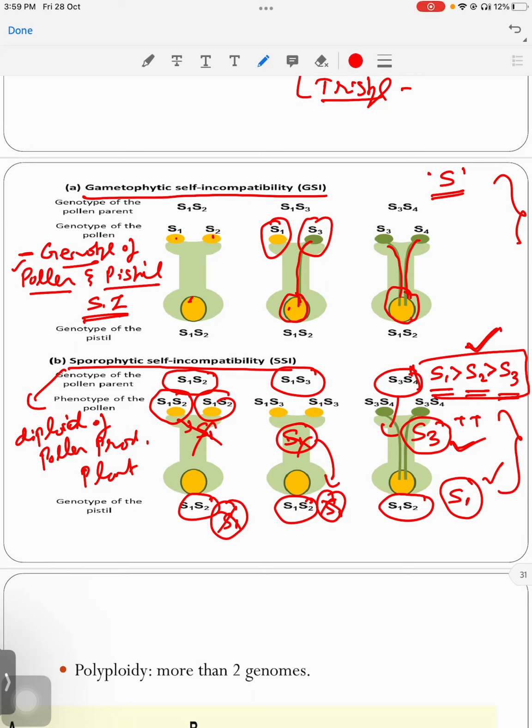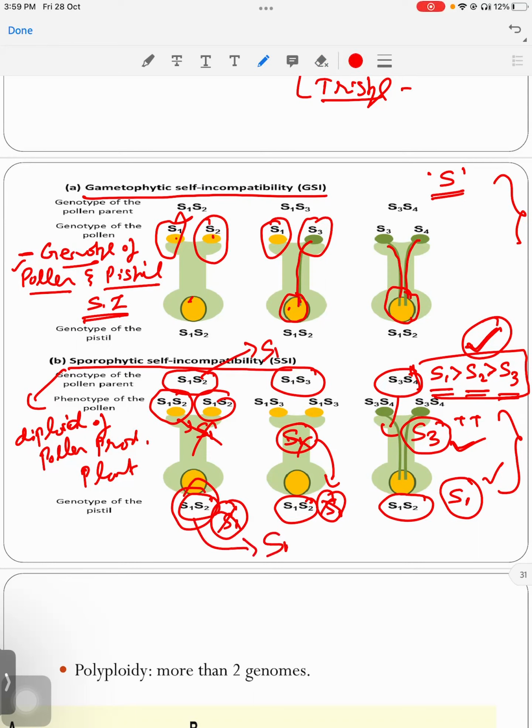So this is the crux. Here, the genotype of the pollen and pistil will determine the self-incompatibility. Here, they have individual effect. S1 and S2 have individual effect. But here, this relationship is there. The S1, S2, S3 relationship. So this S1, S2 will act like S1. Here also, this S1, S2 will act like S1.